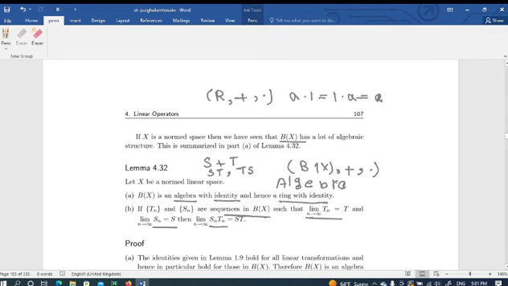Now, this lemma says that B(X) is an algebra with identity, or a ring with unit or identity. And B: if Tn and Sn are sequences in B(X) such that the limit of Tn equals T and the limit of Sn equals S, then the limit of the composition of Sn and Tn equals ST. Here the limit is in norm.